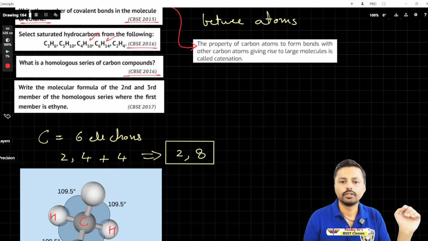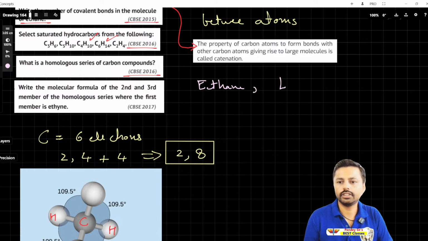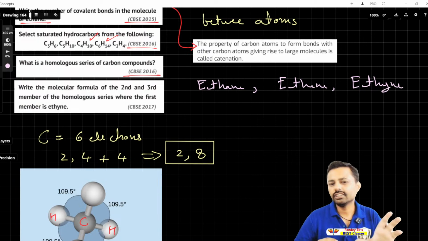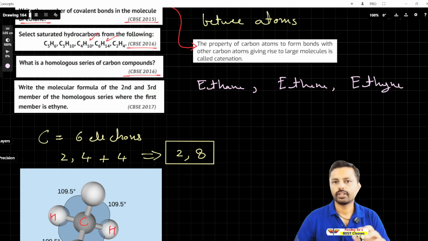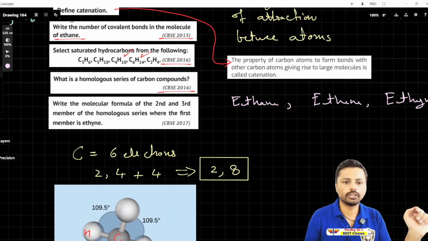For example, ethane, ethene, and ethyne. This is a general example of the homologous series. But why did I not start with methane? Can you guess? Tell me in the comments. Now I am giving an example and then you will understand why I did not start with methane. So this is the homologous series.